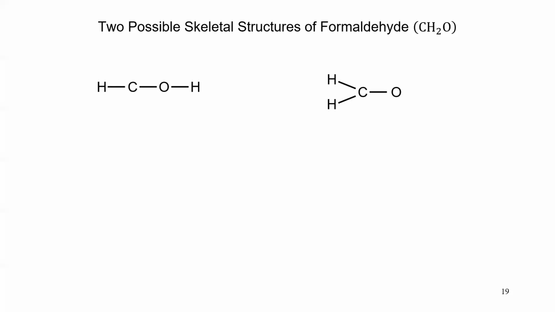How many valence electrons does formaldehyde have? 12. 12, that's it. So in this one on the left, he's already used 6 in 3 different bonds between carbon and oxygen. Which of those is less electronegative?